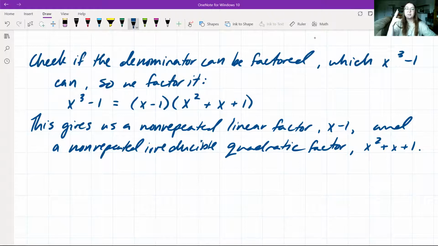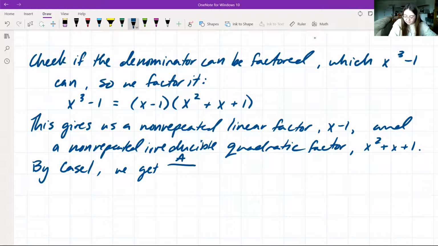This tells us that we have two factors that are being multiplied together. They are not the same, so we use case 1 to identify the first factor, which is x minus 1. By case 1, we get A divided by x minus 1 as a partial fraction.